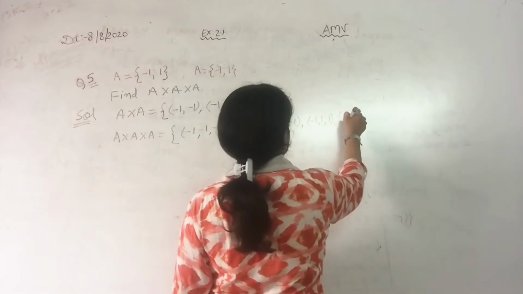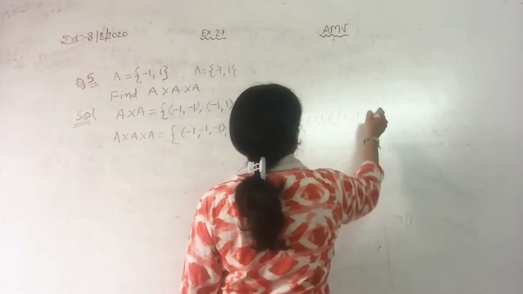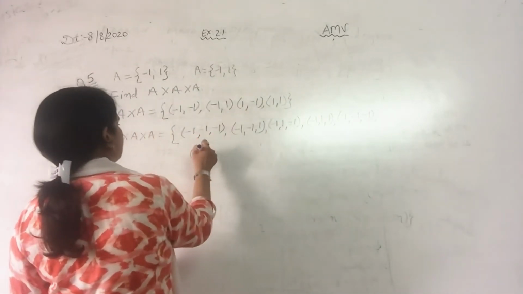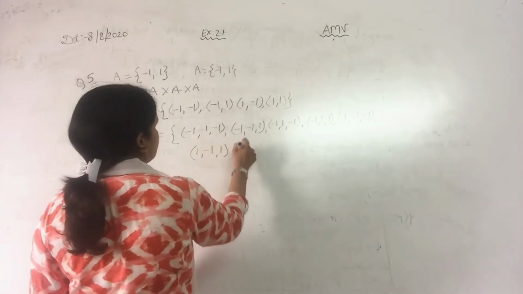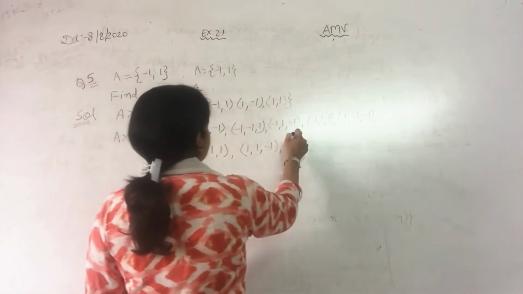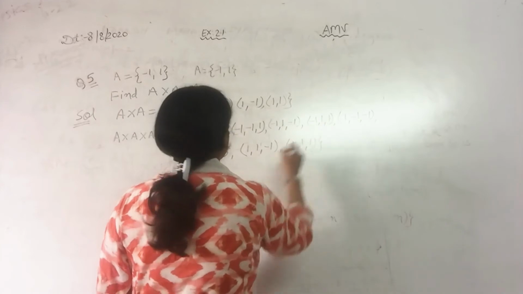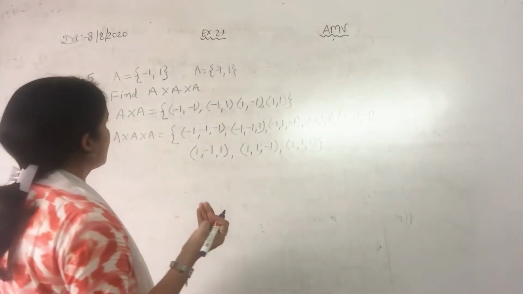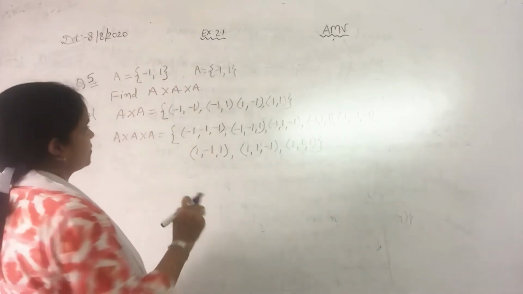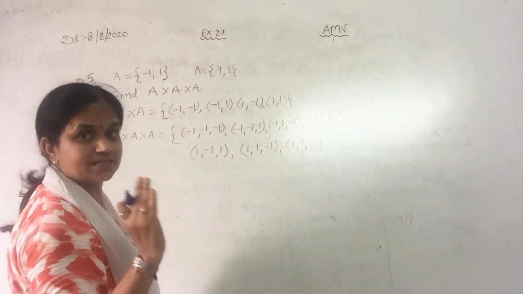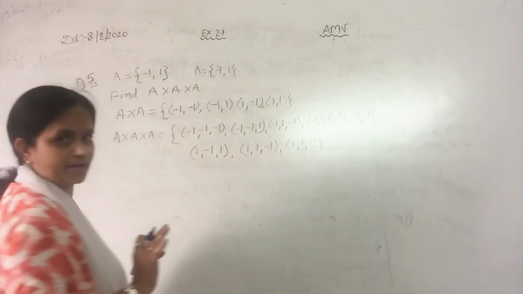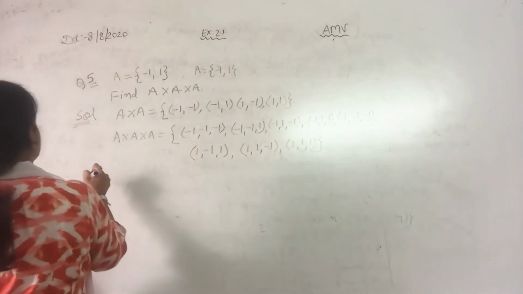Next (1, -1) with -1, and next from the same element (1, -1, 1). And for the last, (1, 1, -1) and (1, 1, 1). Now count the elements. How many elements must be here? A has 2 elements only, so 2 into 2 into 2 means 8. So 1, 2, 3, 4, 5, 6, 7, 8 elements. Okay students, and this is the answer.